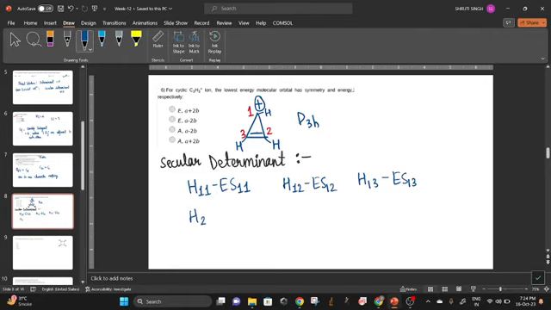There are 3 atoms, so the secular determinant will be a 3 by 3 matrix.